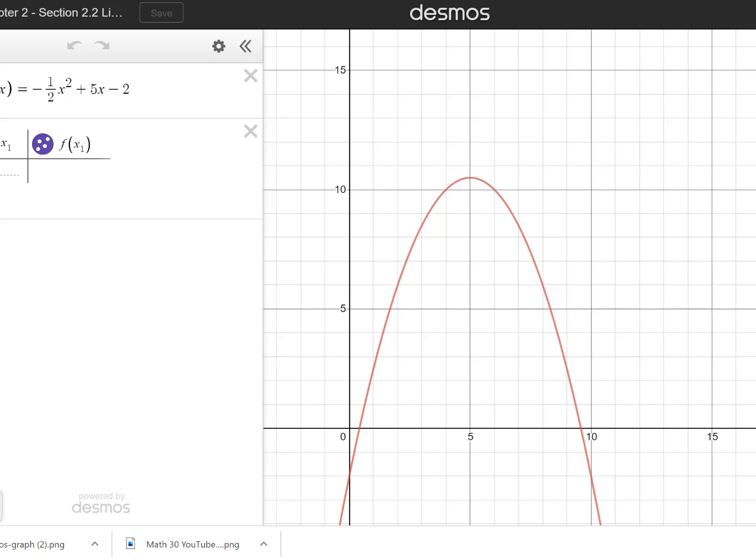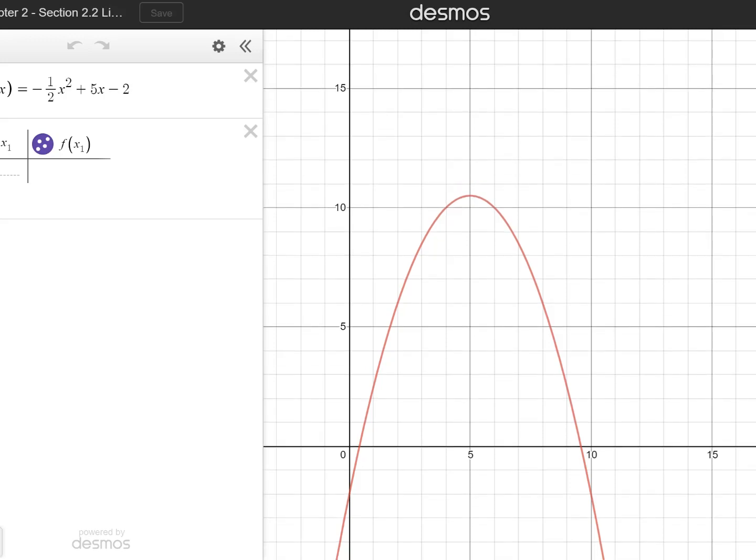Okay, so here we are in Desmos, and we can see the graph of that parabola, same one I had over in my notebook. We're considering the limit as x approaches 4. So as x approaches 4, 4 would be right here on this parabola.